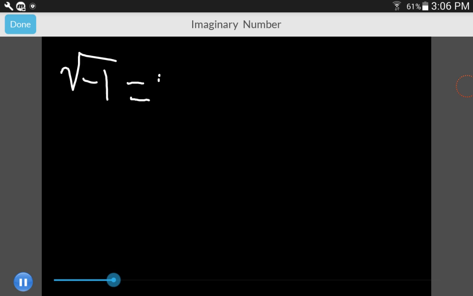We use a capital I or lowercase i to represent imaginary numbers. So it's imaginary since it just erases out existence.